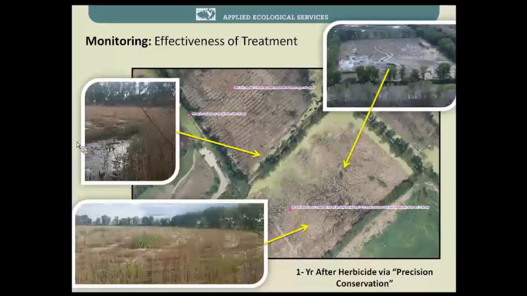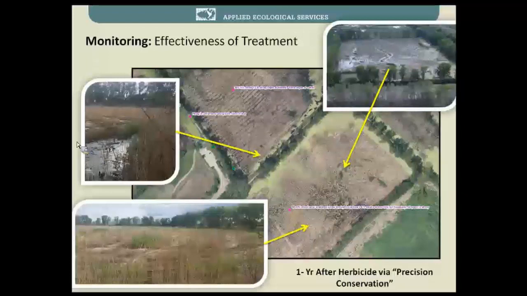And if you go out on the ground, in the image on the lower left, you can see, even with that precision, for a variety of reasons that we can talk about, 100% effective control of Phragmites doesn't typically occur.